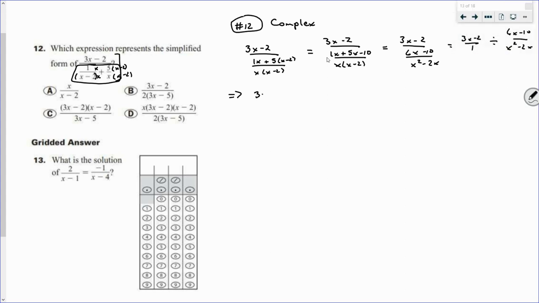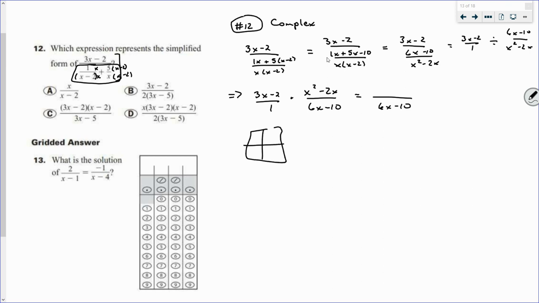which means we've got 3x minus 2 over 1 times the reciprocal, and when we multiply straight across, that's easy.